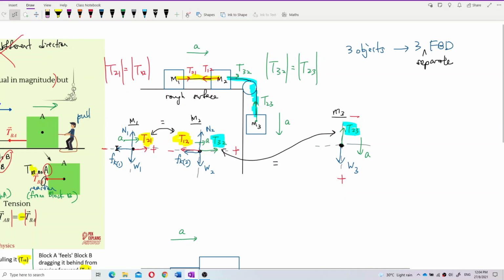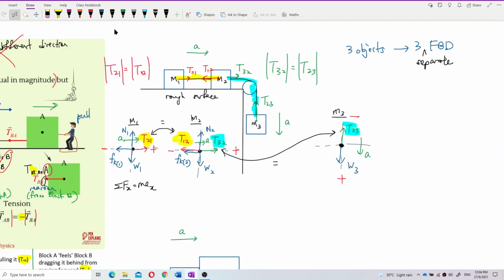So if you solve the equation for mass 1, let's say you get T21 here, later on you can use the value of T21 to put inside the value of T12 here, because they are equal tension. That's how you solve the equations for total force Fx equal to max.